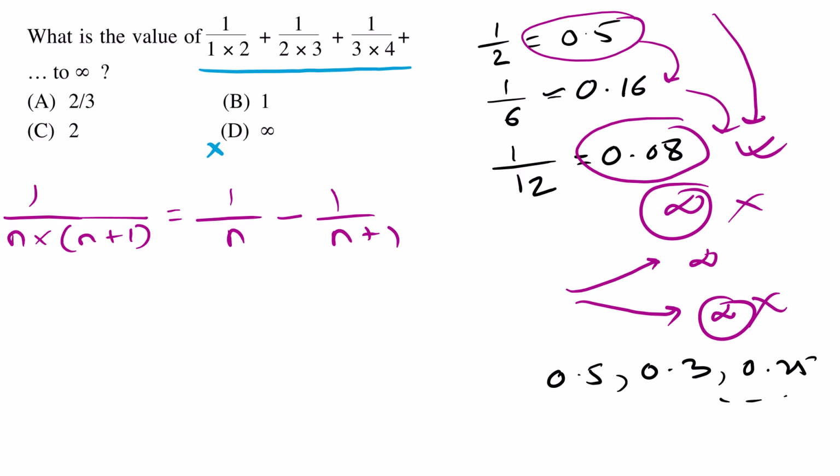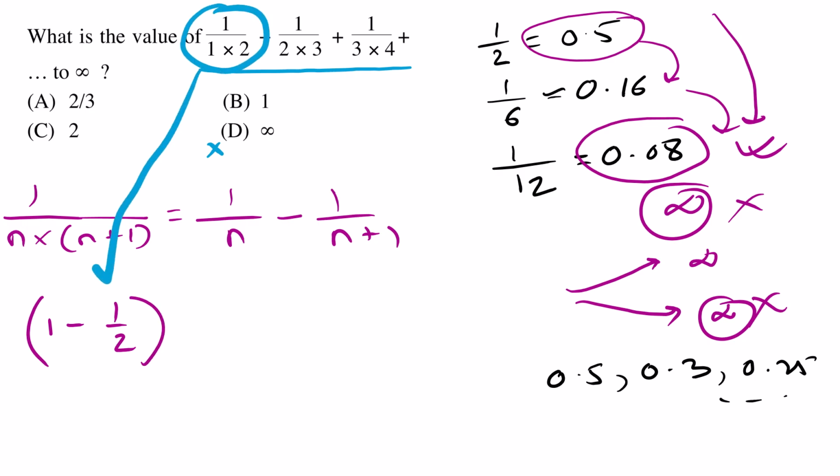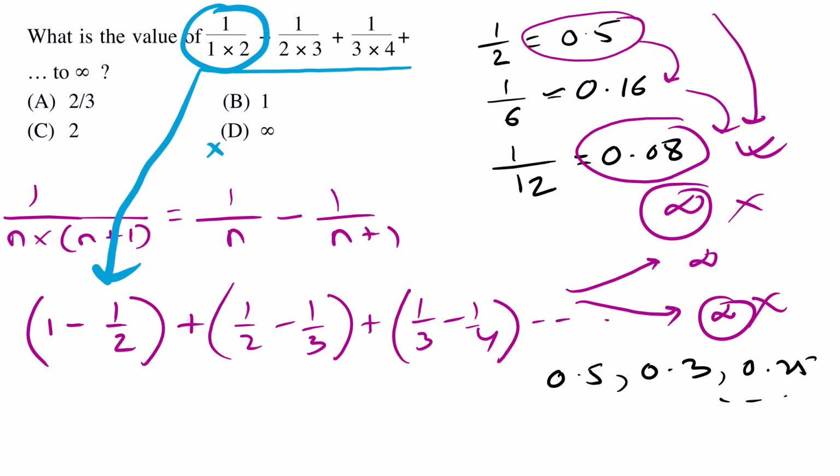So let us write the series in this form, that is 1 minus 1 by 2. So this is the first term, that is this term we are writing as 1 minus 1 by 2, and then we are writing the second term. So plus 1 by 2 minus 1 by 3 plus 1 by 3 minus 1 by 4 and so on.